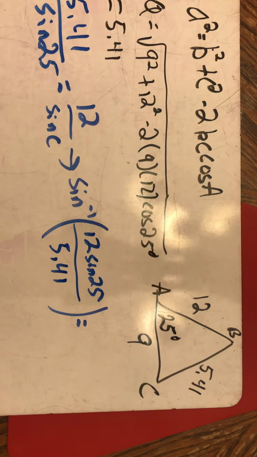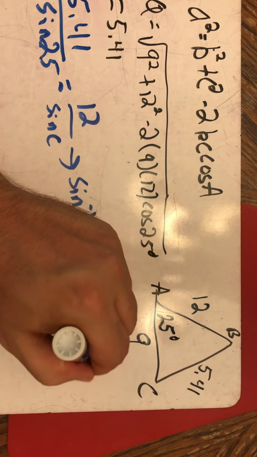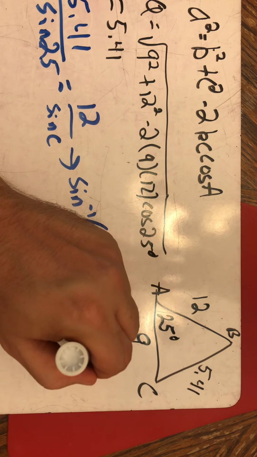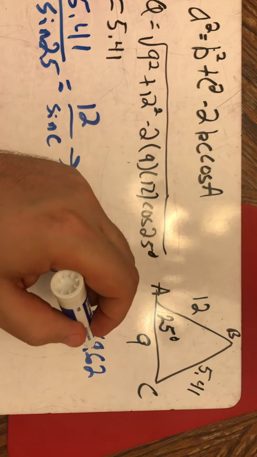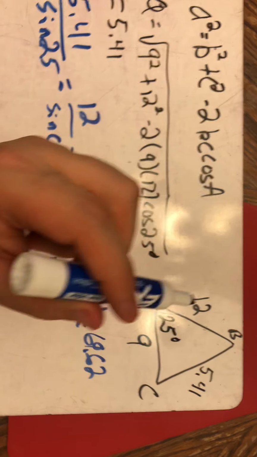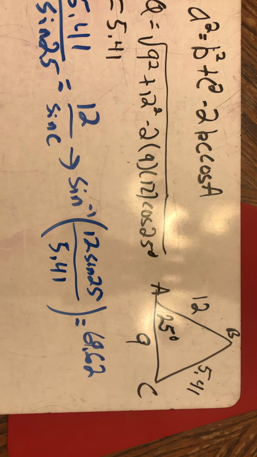Well, this is one of those interesting cases. I found that to be 69.62. Now, if you kind of think about this here, okay? Remember back with the law of sines, oops, sorry, my hand was in the way. Back in the law of sines, we had the case where there were two different triangle possibilities.